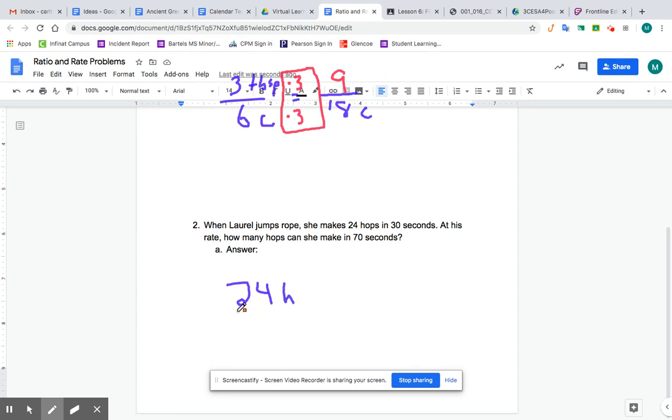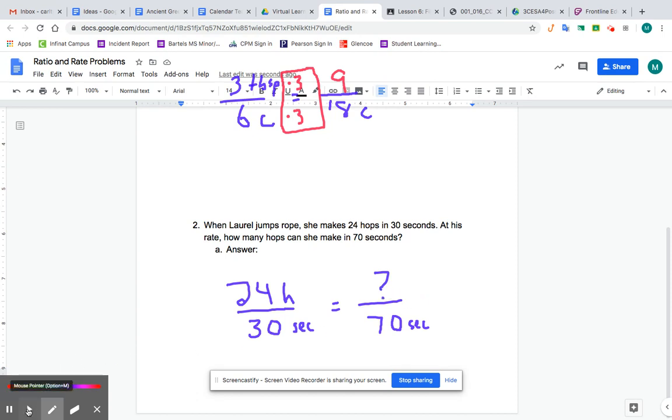I'm just going to put H for hops, and then 30 seconds equals, well, because seconds is on the bottom, I'm going to put 70 seconds on the bottom, and this is kind of like a question mark.